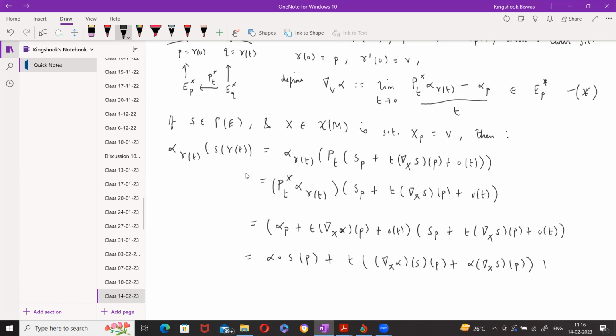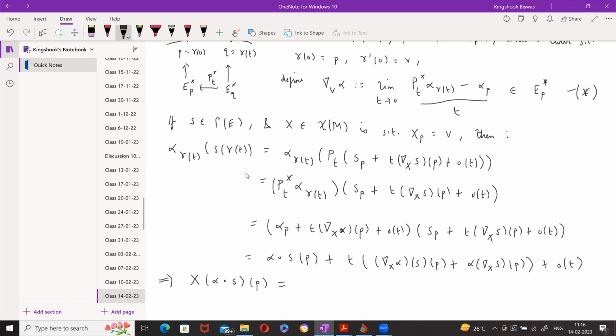Okay. So if I take this alpha composed with S at P to the other side, and I divide by T, then that will give me that X acting on alpha composed S at P will be the coefficient of T here, right?